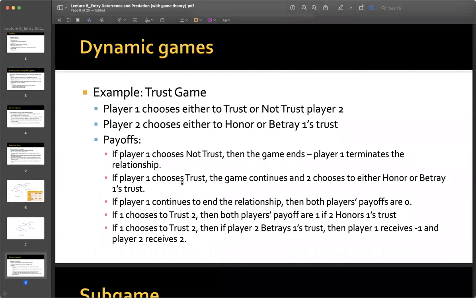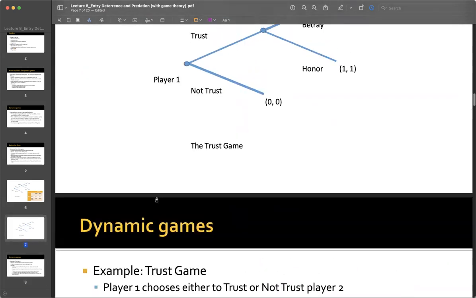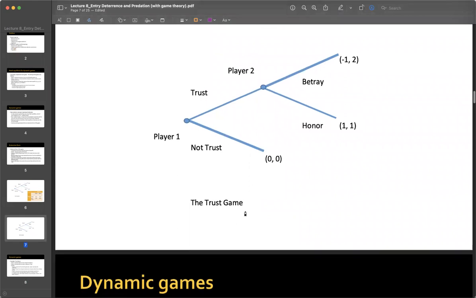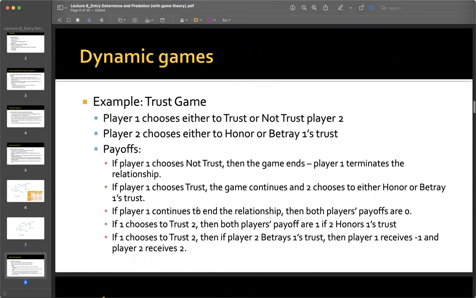If player 1 chooses trust, the game continues and player 2 chooses either to honor or betray one's trust. So if player 1 trusts, then now we are here and player 2 will decide either to betray or to honor. If player 1 chooses to end, both players' payoffs are 0. That's not trust. If player 1 chooses to trust, then both players' payoffs are 1 if player 2 honors one's trust.